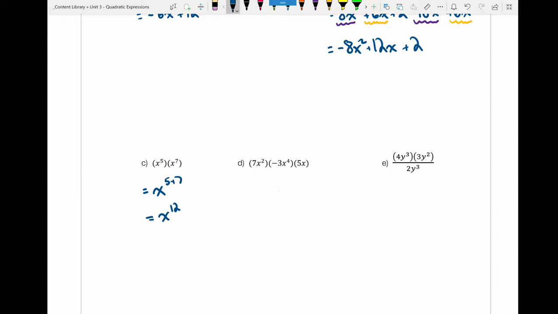For d, we have 3 terms all multiplied together. In this case, order doesn't matter, but it's not the 7x squared times both of those. If you think of multiplying numbers together, you just multiply the first two, and then the product of that you multiply by the next one. So 7 times negative 3 is negative 21. x squared times x to the power of 4, multiplying powers, so we add the exponents. 2 plus 4 is 6.